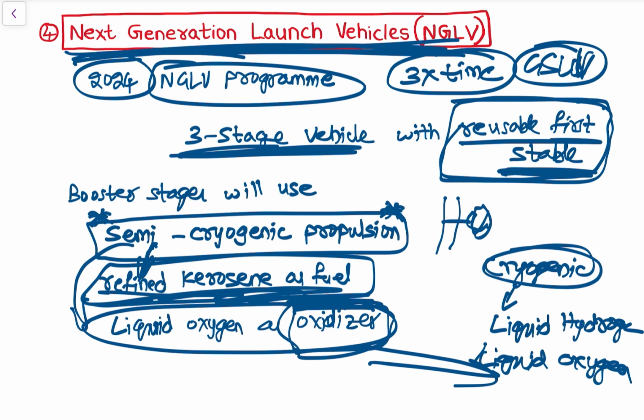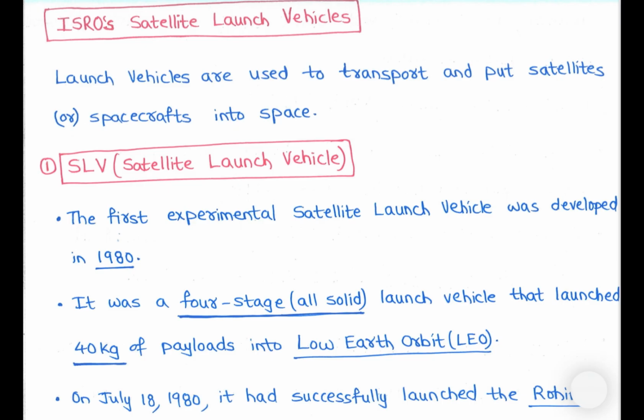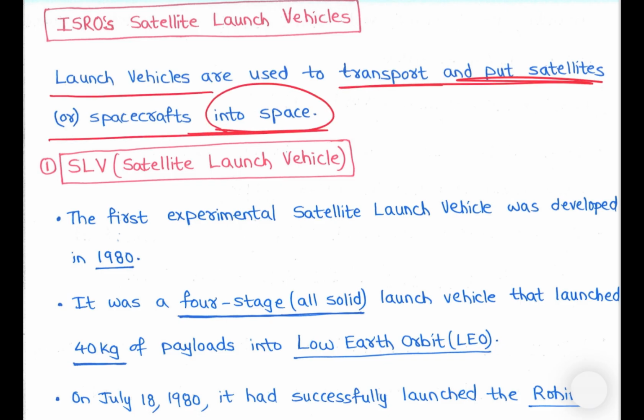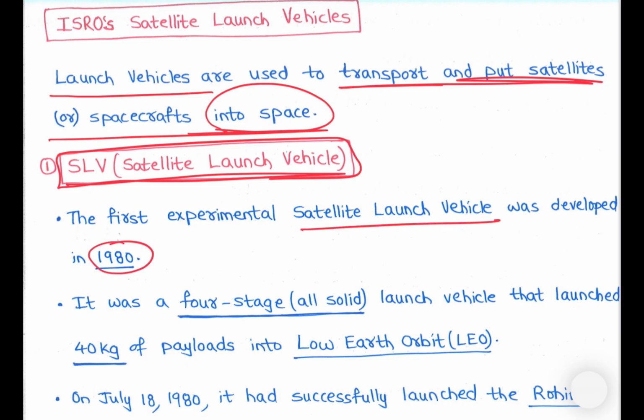Now let's go to the class notes and we will read whatever we have understood. Now let's see ISRO's satellite launch vehicles. Launch vehicles are used to transport and put satellites or spacecrafts into their orbits. First is SLV, satellite launch vehicle. The first experimental satellite launch vehicle was developed in 1980.